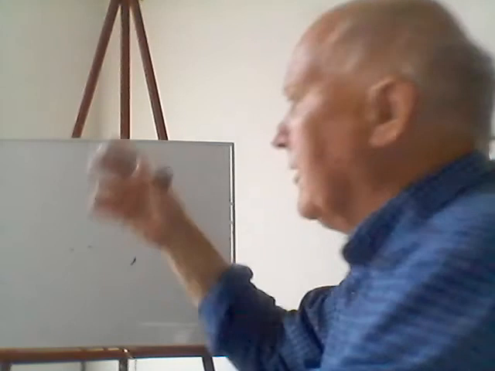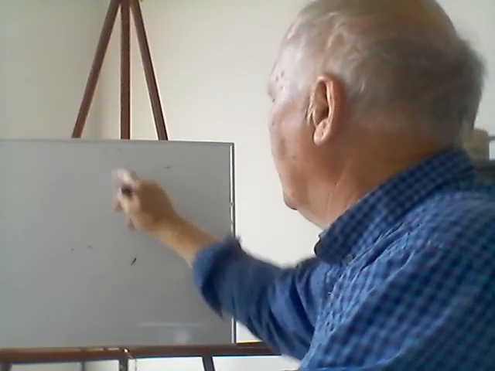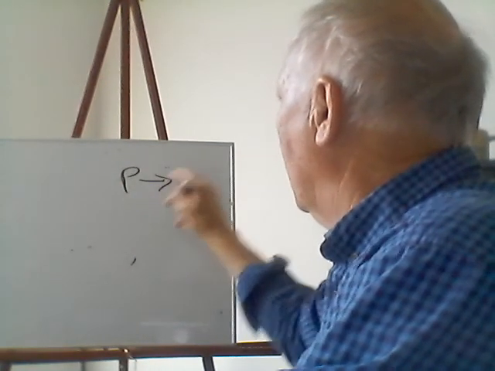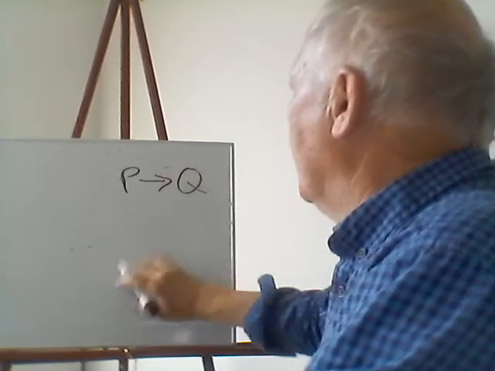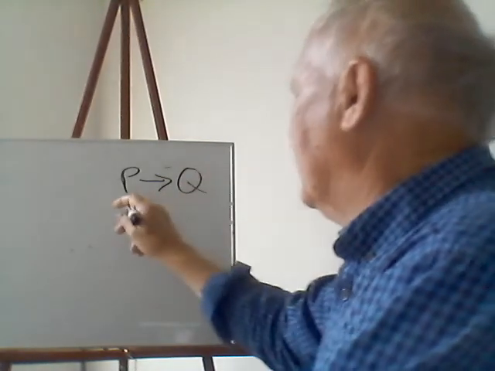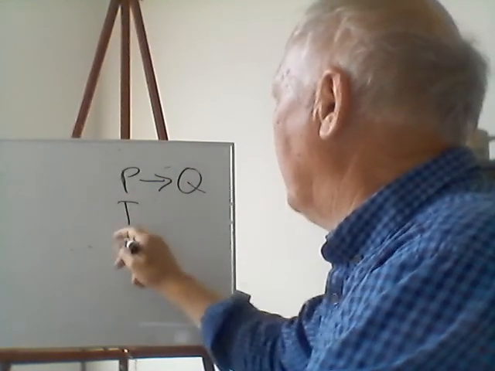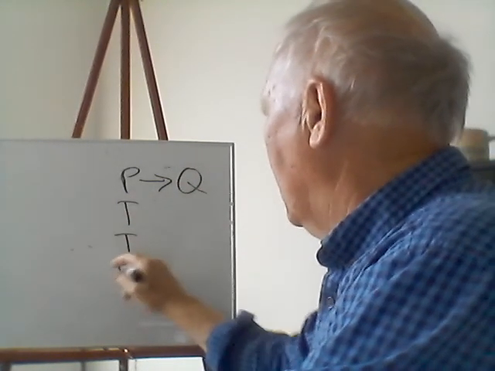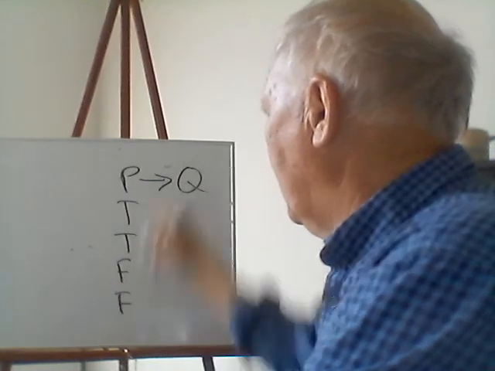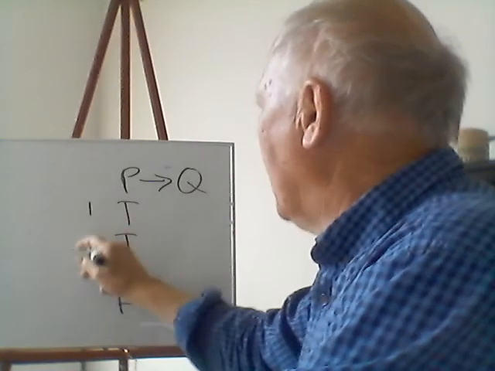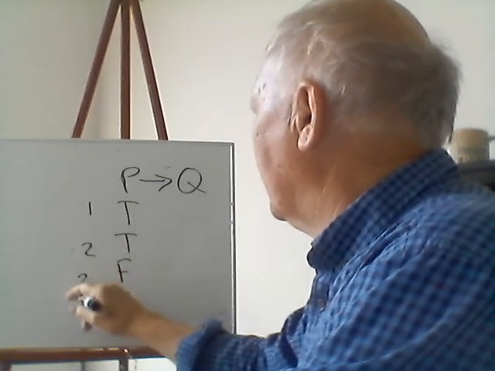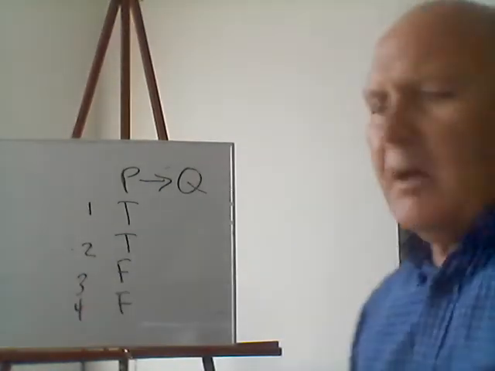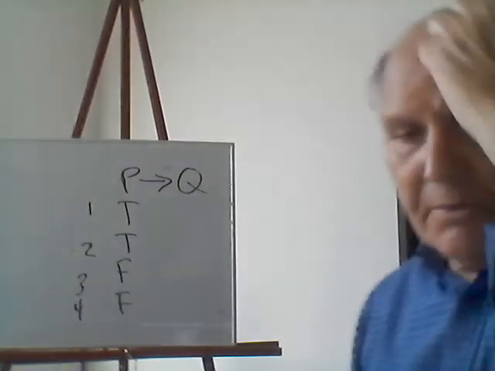And I talked, I think in another video, about the truth table for the arrow. The truth table tells you exactly what this means. If you have two statements, you have four possibilities. This is how you do it: TTFF. I'm not going to get into the details of truth tables or derivations because we only have another week or so left.